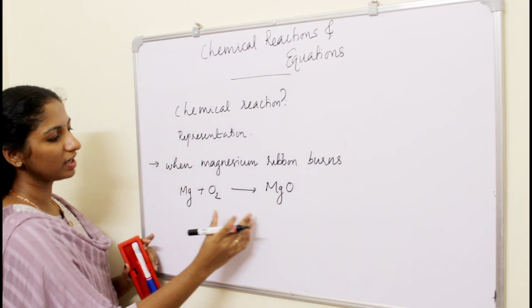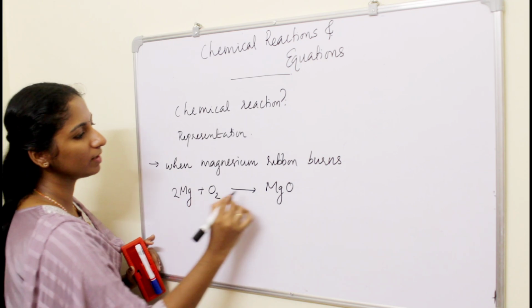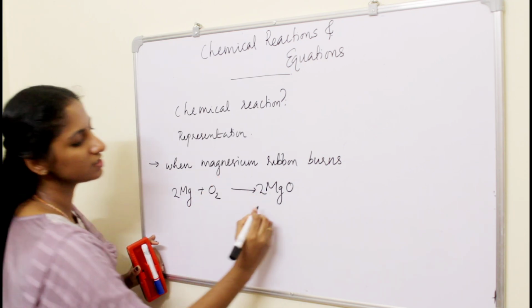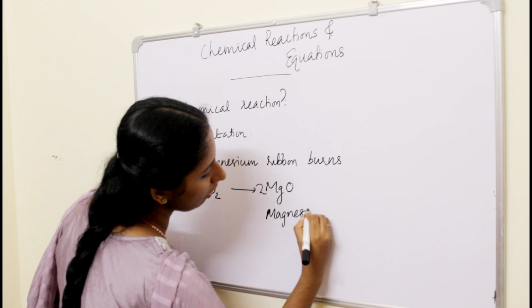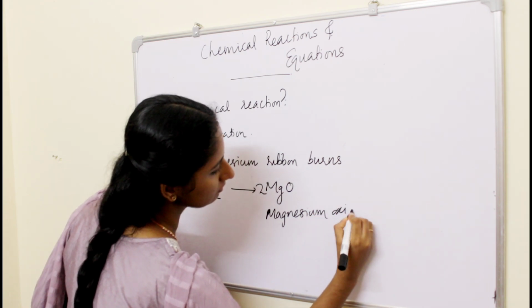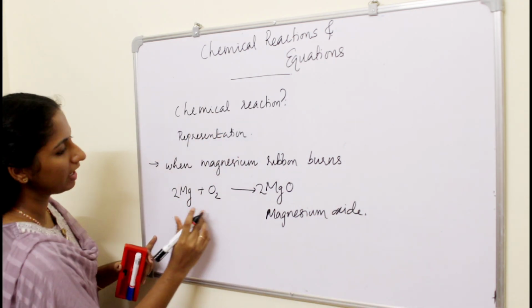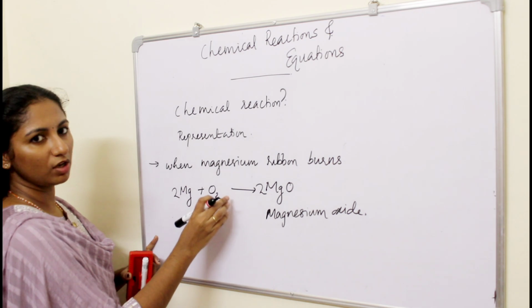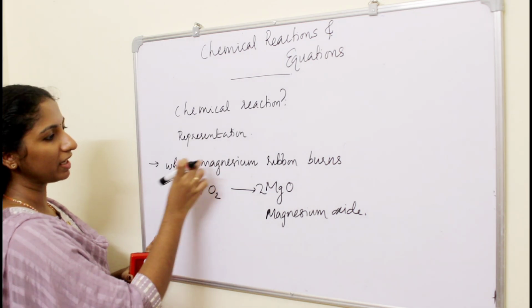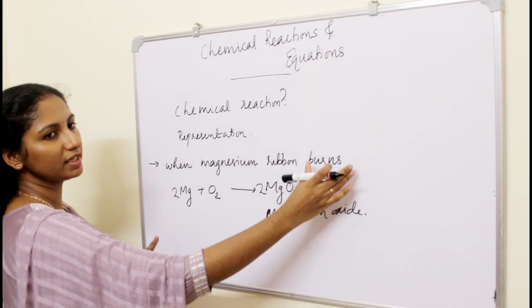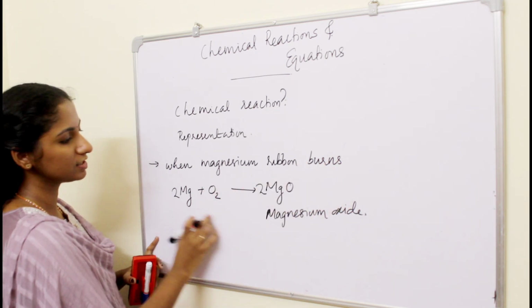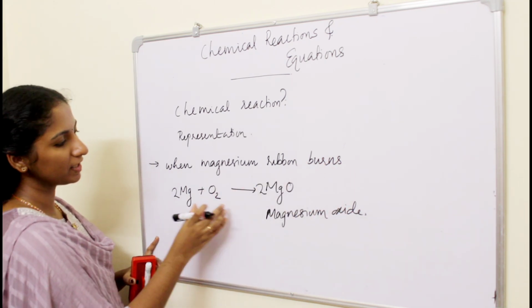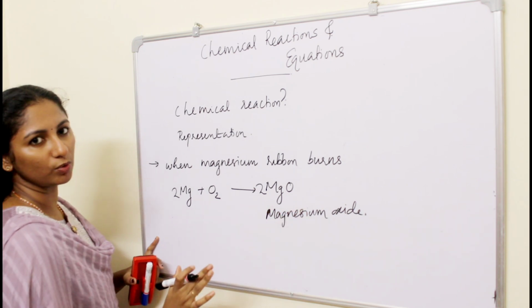So this is magnesium oxide, this is magnesium, and this is oxygen which is obtained from air. So when magnesium ribbon burns, this sentence can be converted into a chemical formula this way: Mg plus O2 gives 2 MgO.